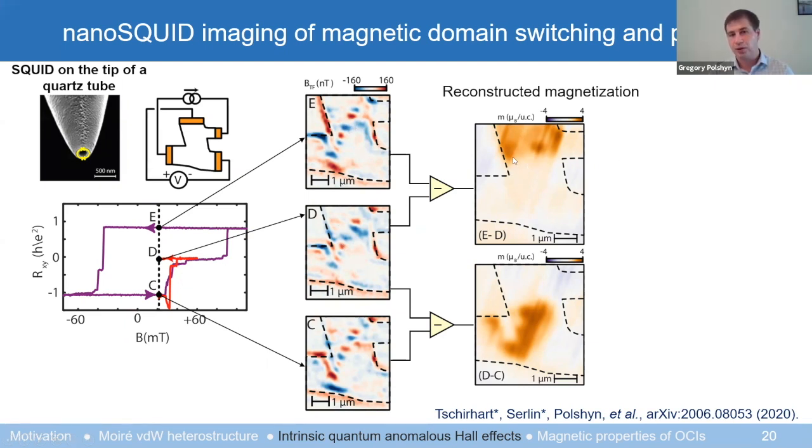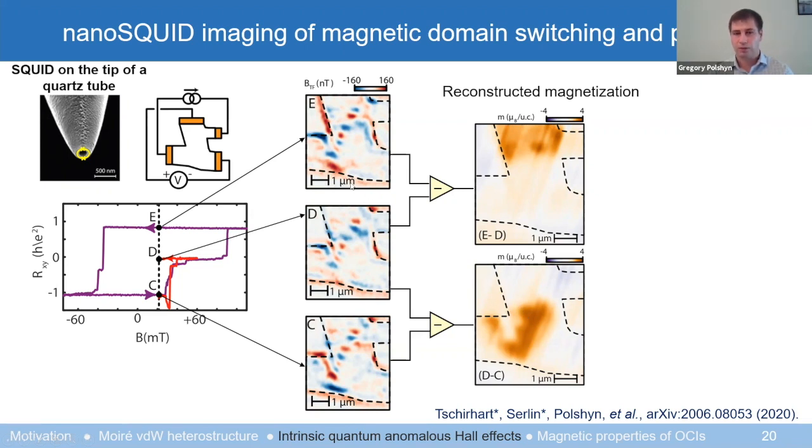Here you can see that, for example, this image shows some finite higher magnetization in the upper part of the device. What it means is that between state E and D, there is a domain in this upper region of the device which got reversed. And between state D and C, the difference is the reversal of a magnetic domain in the bottom part of the device.